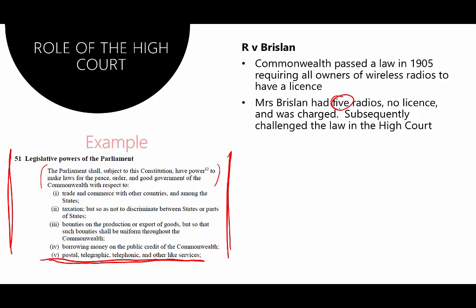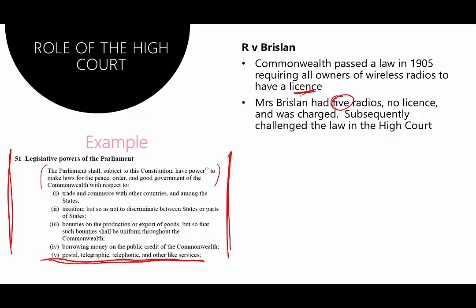And for whatever reason, I think because new technology is often used for secure communication, as per a law passed in 1905, you had to have a license to own a wireless radio. Mrs. Brislin, 5 radios, no license, therefore has broken the law. So she's charged, she actually gets convicted and gets given a fine.